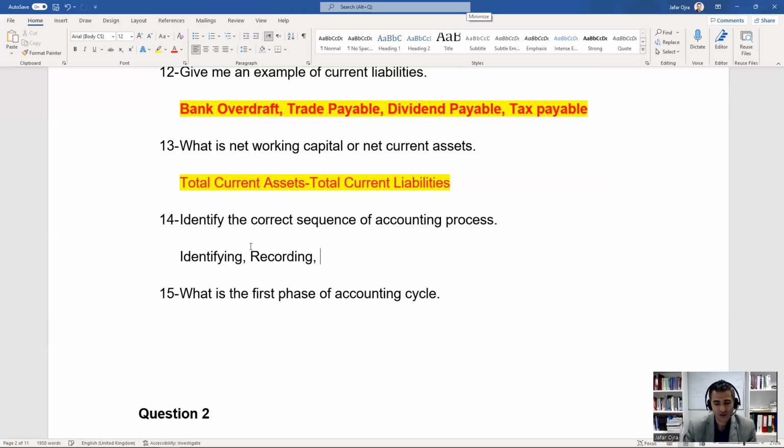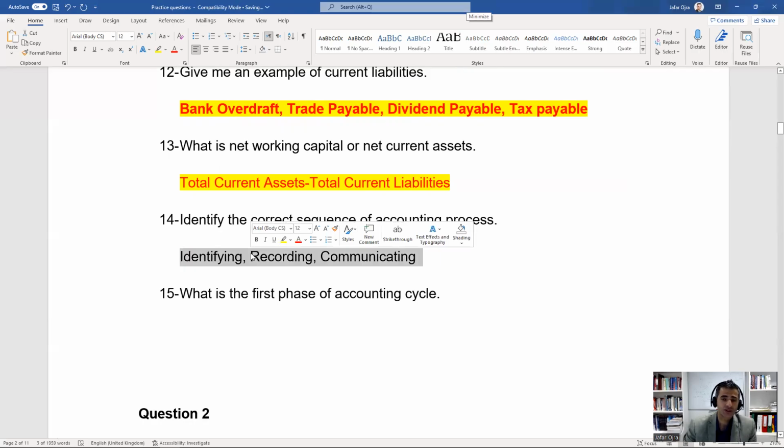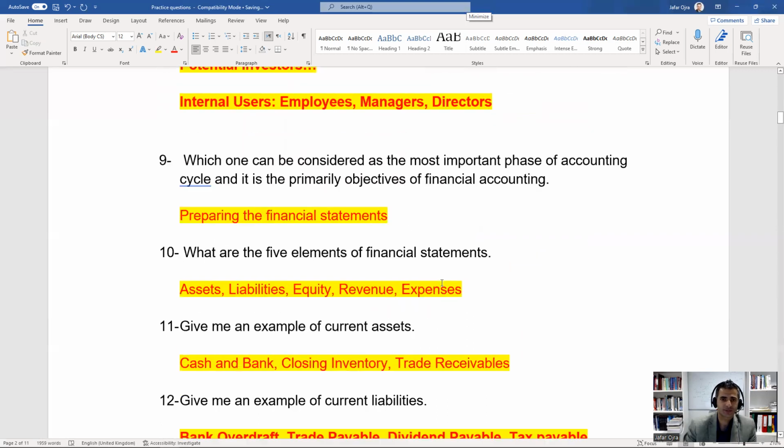And after we record the transaction, we communicate. So that's identifying, recording, communicating. Recording it on T accounts, and after that communicating means preparing the financial statements. Okay, perfect.